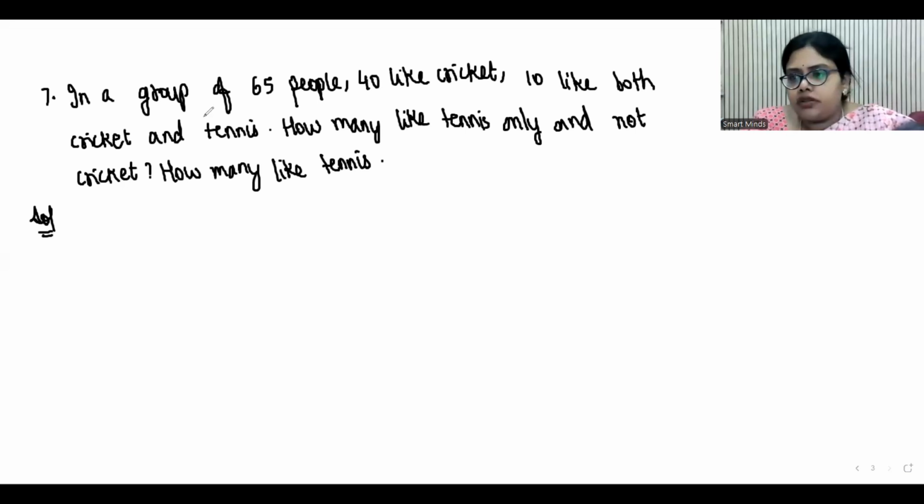Take the next question. In a group of 65 people, 40 like cricket, 10 like both cricket and tennis. How many like tennis only and not cricket? And how many like tennis? So let's see.